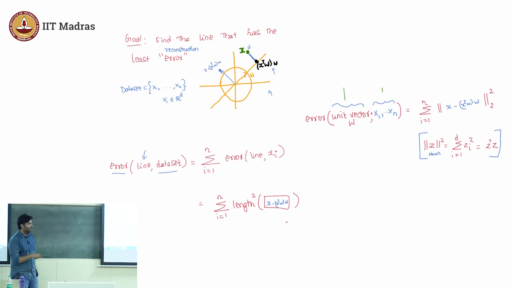Now what is this error? We are going to think of this error as simply the length of these blue bits, the length of the pieces that you are missing by using proxies for your data points. So what would be the length of this blue bit? How would you define the length of a vector?